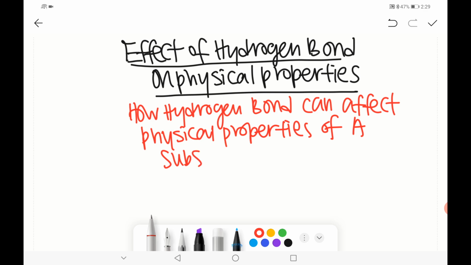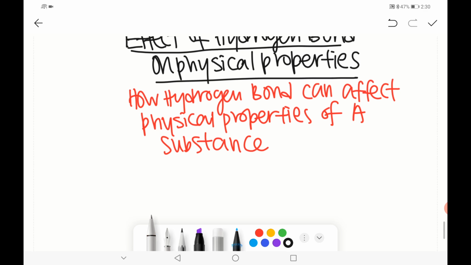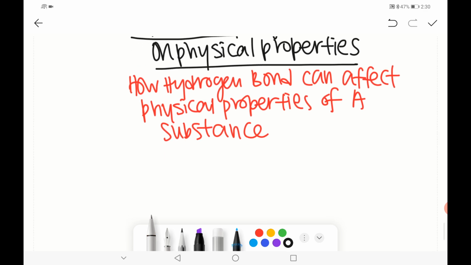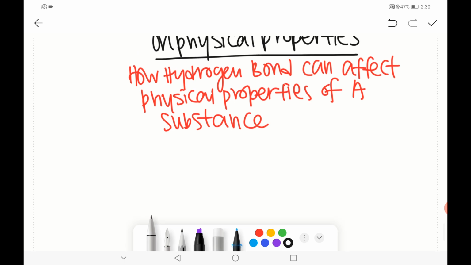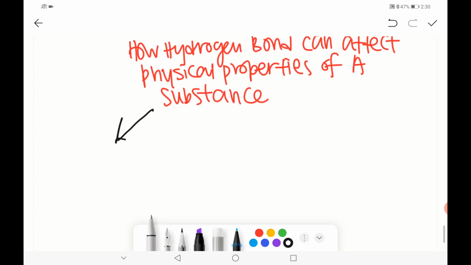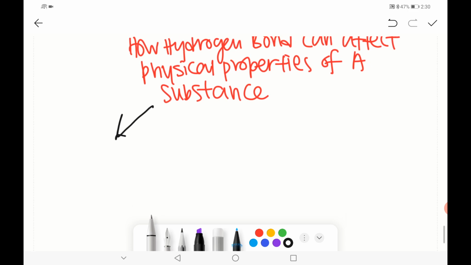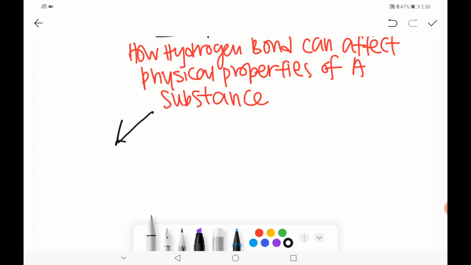So if I have a substance and I know that substance is capable of hydrogen bonding, what would be the impact on its properties? Sorry, my bad. The first one: if the substance has hydrogen bond, it should have a high melting point and/or high boiling point.